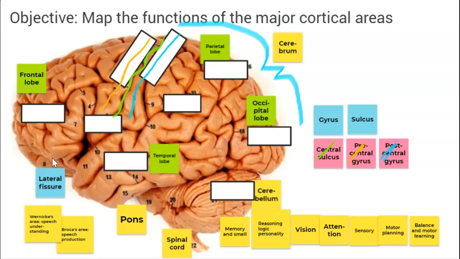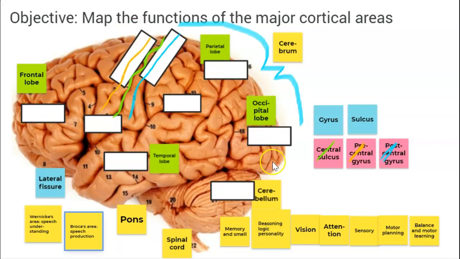And then I do want you to pause and give your best guess as to which of these sections, right? I've got all the white boxes, correspond to one of these yellow ones down here that have a function on them. So just to recognize and identify the specific areas of the cerebrum and the cerebellum that play a role in a specific function.